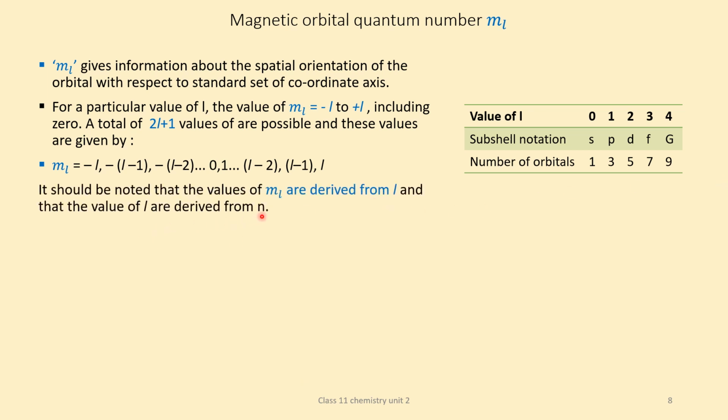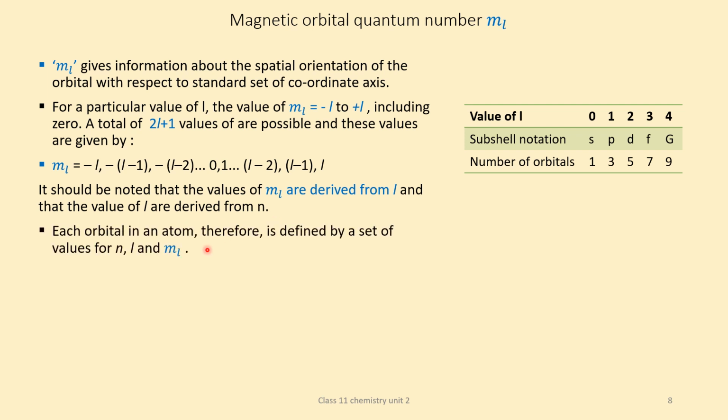It should be noted that the values of mL are derived from L and that the values of L are derived from n. This line also you underline. Each orbital in an atom therefore is defined by a set of values of n, L and mL.